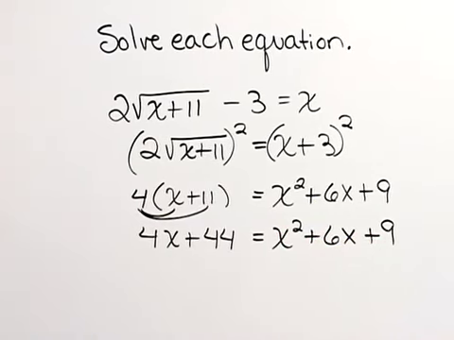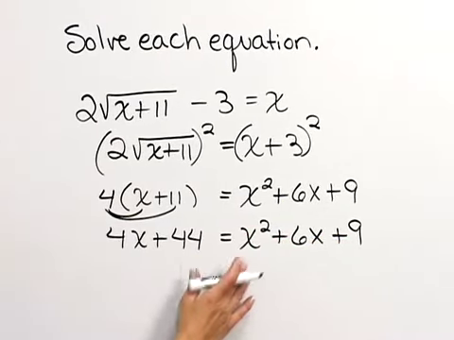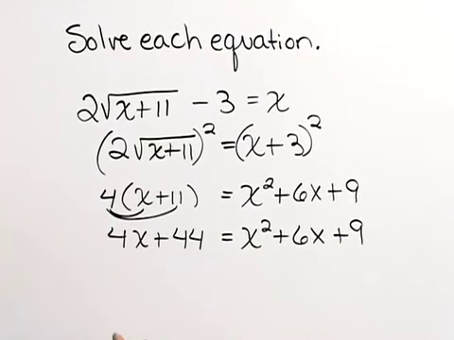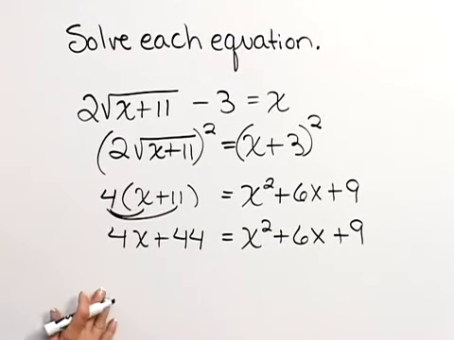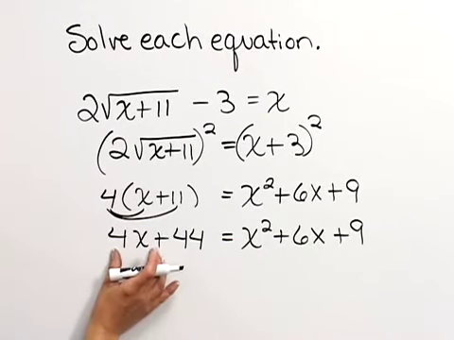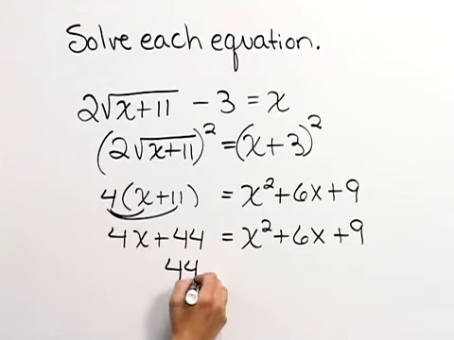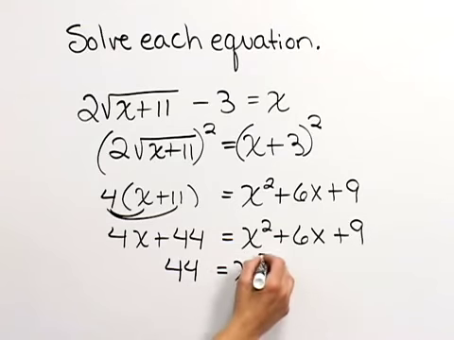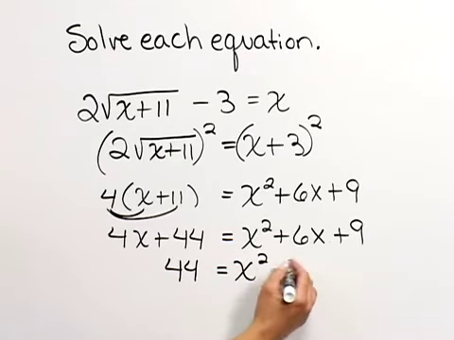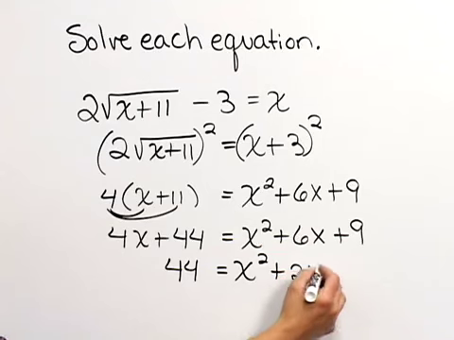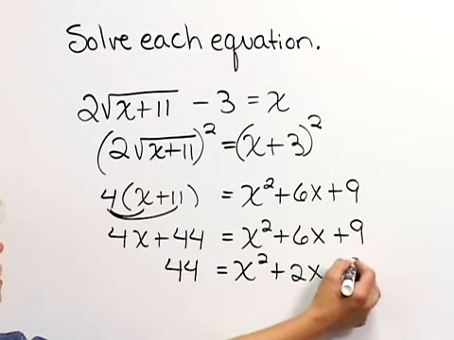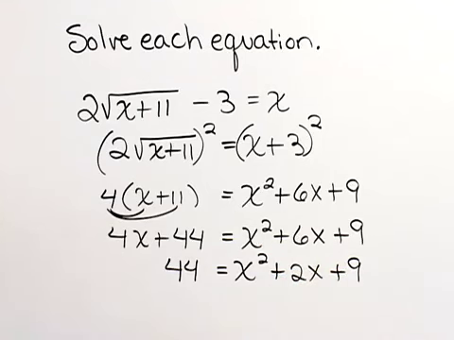I notice that for this particular problem I have a term that's squared, so I need 0 on one side and then we'll factor. So I'm going to move my 4x by subtracting 4x over here, which will leave me with my 44. I'm also going to subtract 4x here, which will leave me with 2x. And I still have my 9 on the end.